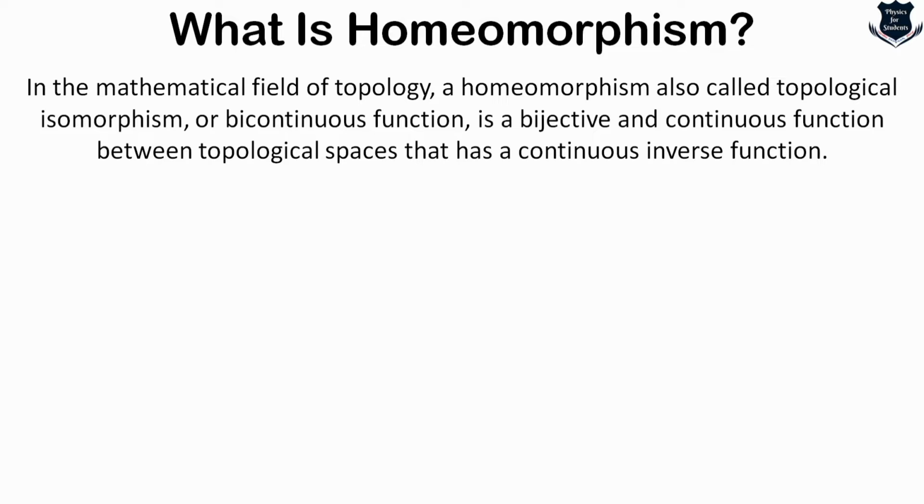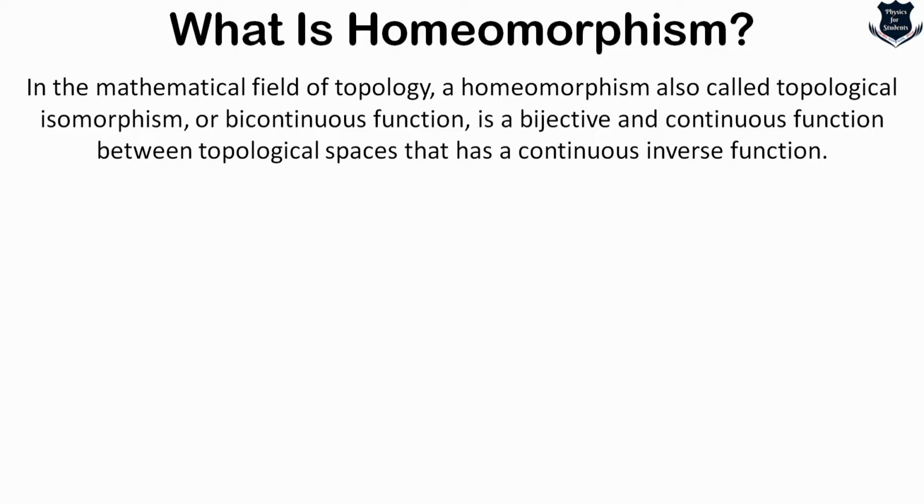Now, when we read this aloud, we have certain technical details which we will explain slowly. But what we see is that homeomorphism is also called topological isomorphism and bicontinuous function. It has two properties: one is a bijective function and another is a continuous function.